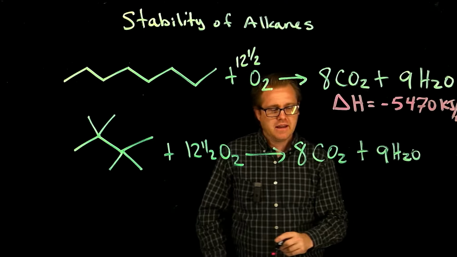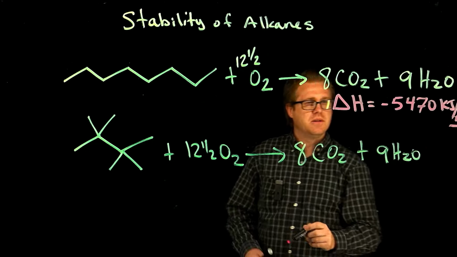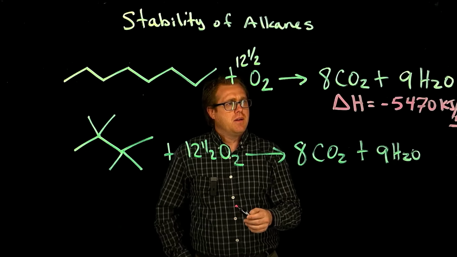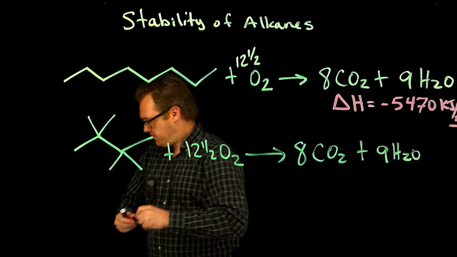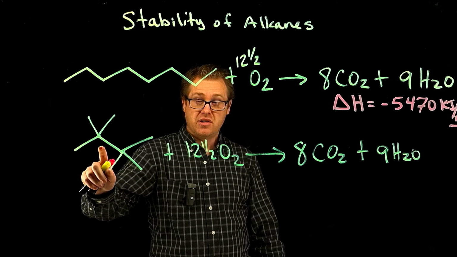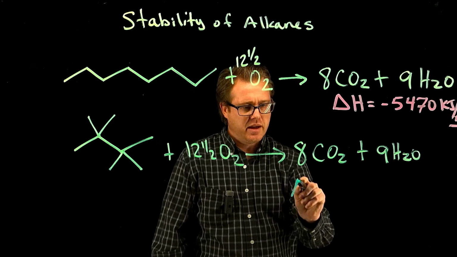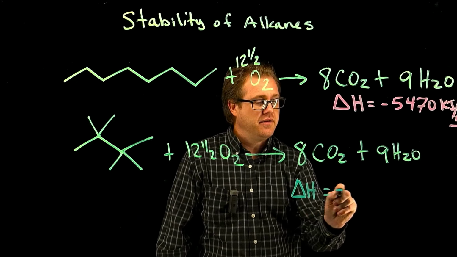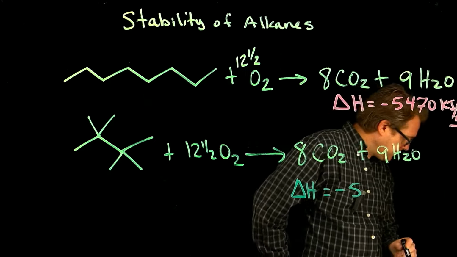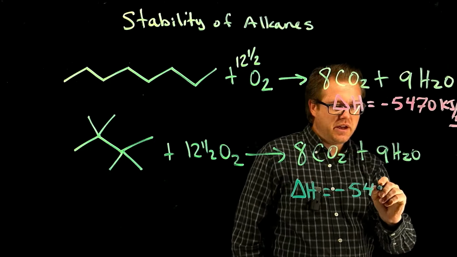Okay? You can't see the moles part there, but that's moles. Kilojoules per mole. But if you take this isomer, constitutional isomer of octane, it's going to give off a different amount of heat. 5,452.